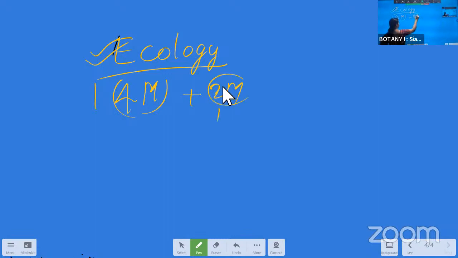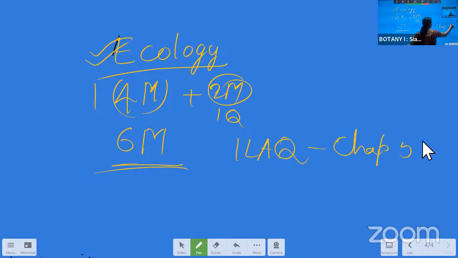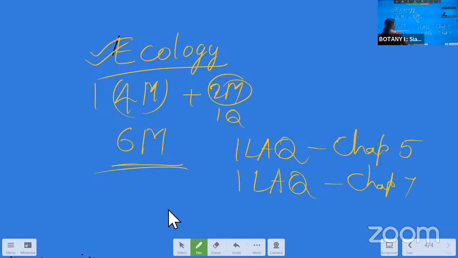2 marks is 1 question. This is the mandatory one from this chapter. That is a total of 6 marks weightage. So where we can score very easily, this is 6 marks. The first one is what we have read for the 5th chapter. 1 LAQ was over from chapter 5. And what we learned till now, the 7th chapter, at least 1 LAQ. That means here 16 marks.